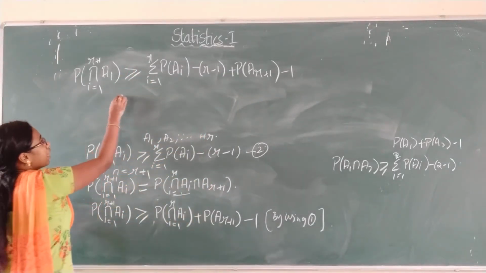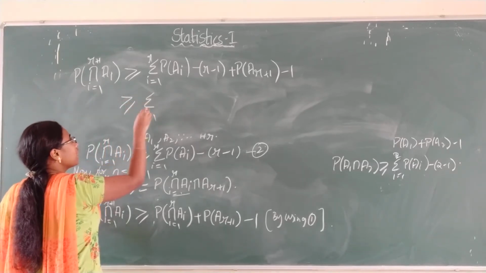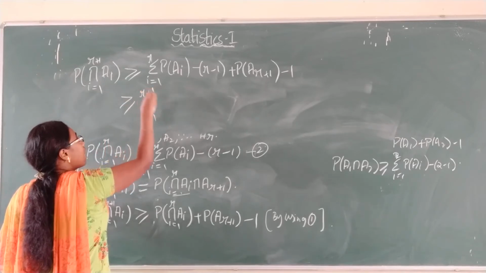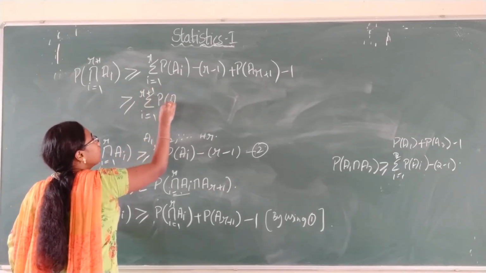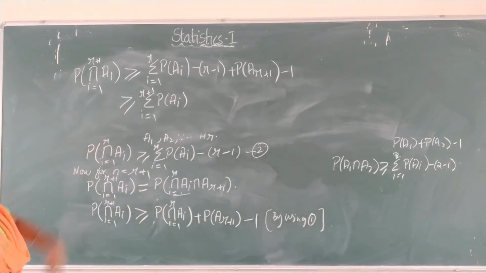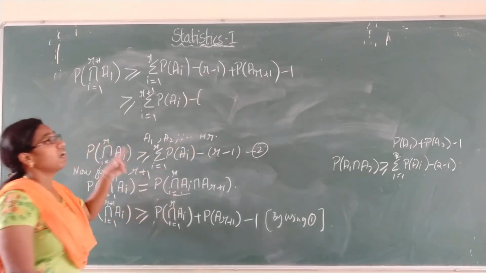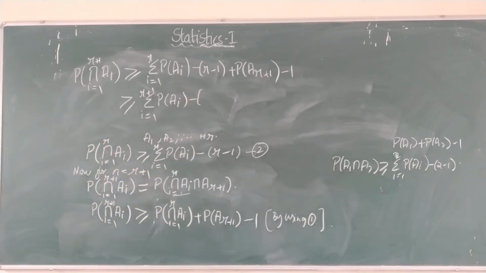Combined you can write it as this value is greater than summation i equals 1 to r plus 1 P of Ai, and from both the terms if you take minus common, you will be getting r minus 1, so r plus 1, you are taking minus common, right?